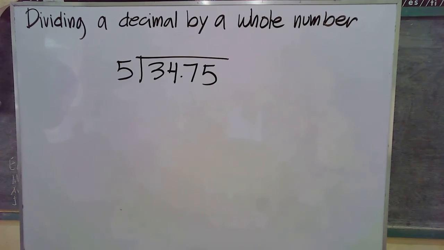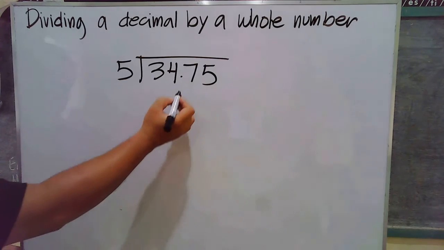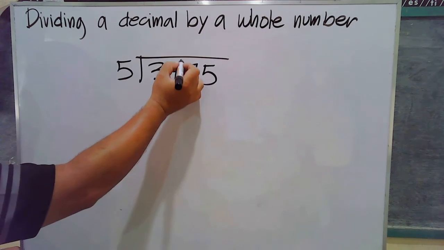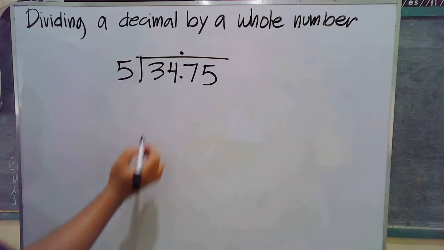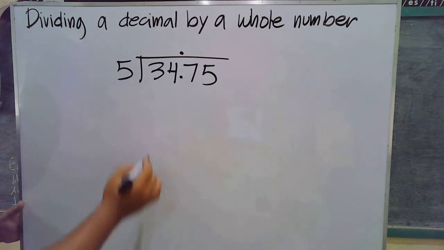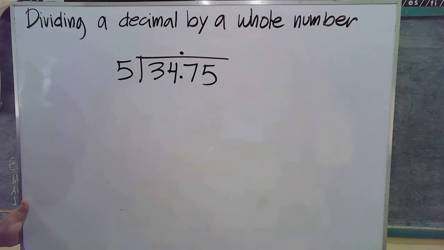Make sure that the decimal points are aligned. Then divide the numbers as you would divide whole numbers. Okay, so we're going to put the decimal point here on top of its original position. Then we're going to divide just like whole numbers.